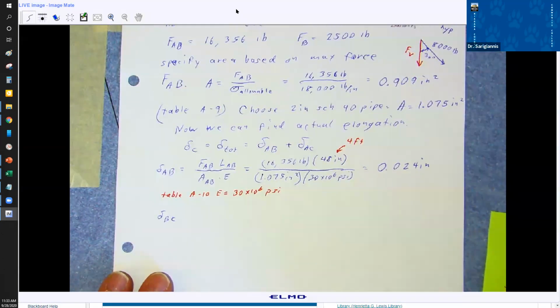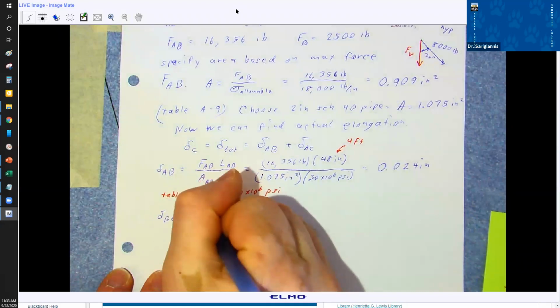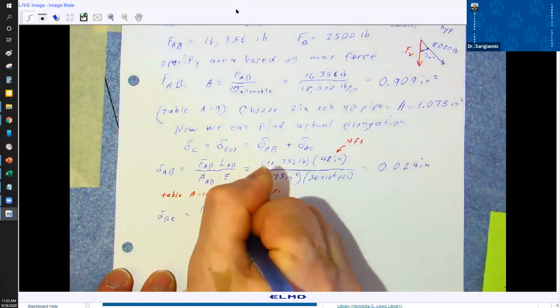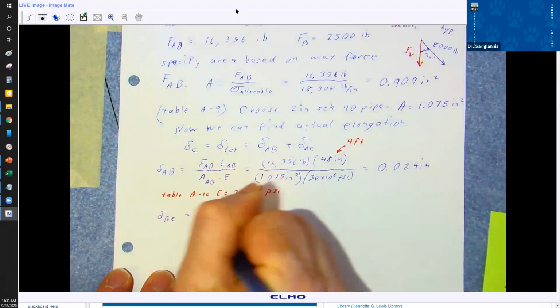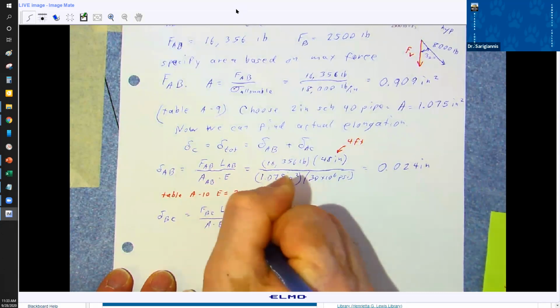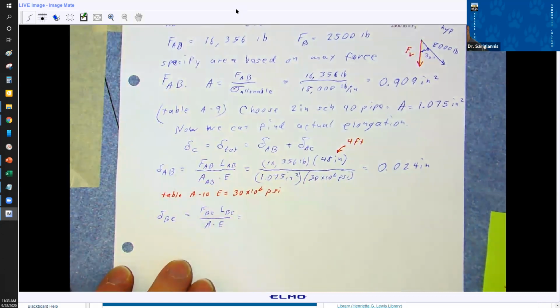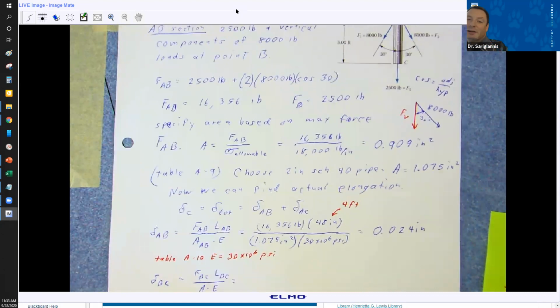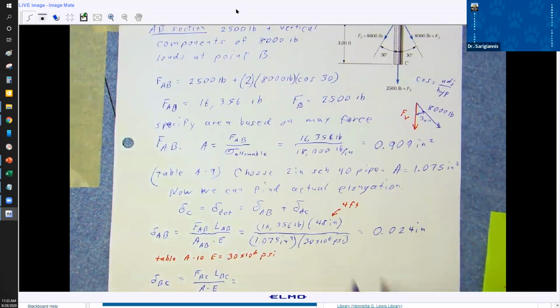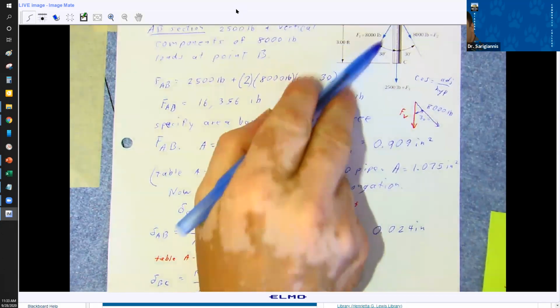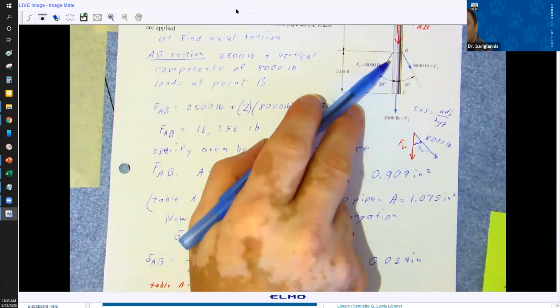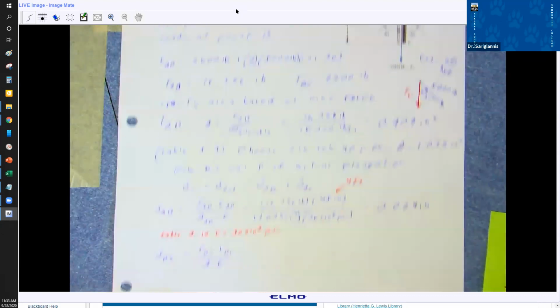except in the BC section, we've just got the 2,500 pound force, right? Oh, I never finished my subscripts here, BC. So in the BC section, it's only 2,500 pounds.